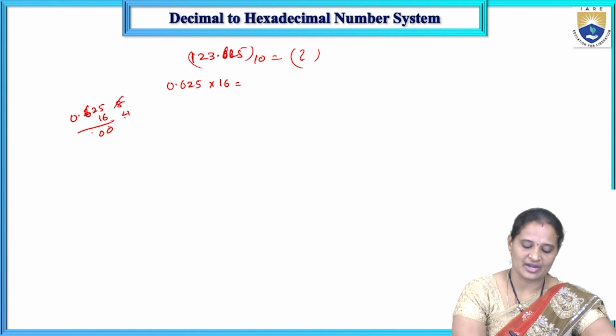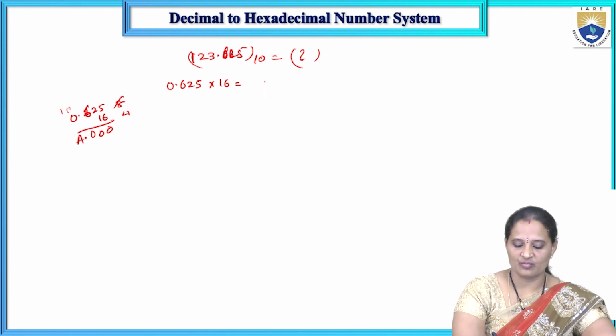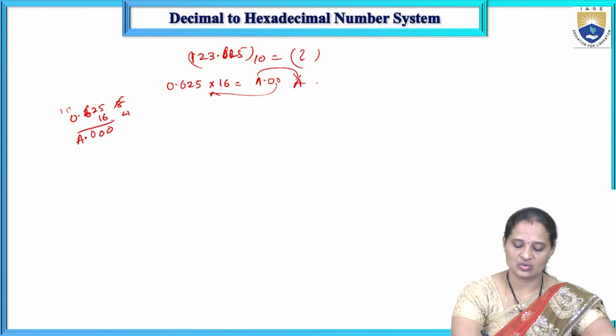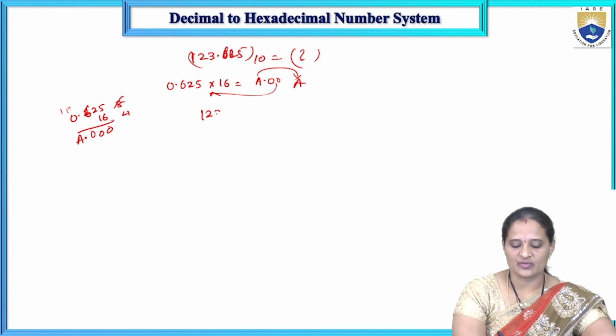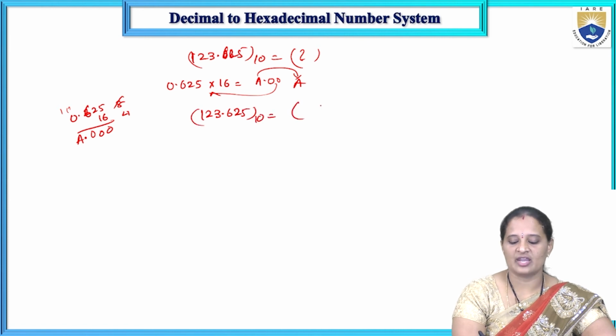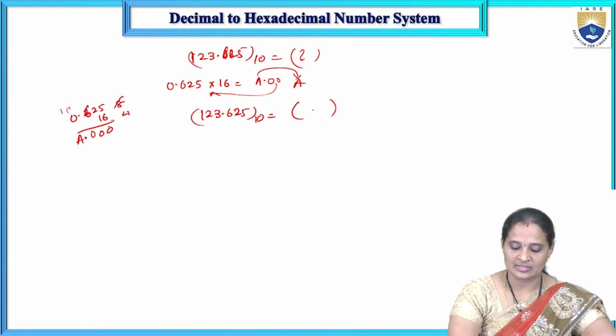So 0 here and 10 here. 10 is nothing but A. So what will you get here? A.0. You take A out and 0 here. Again, 0 into something is 0. So only A. That is, the decimal number 123.625 can be converted into hexadecimal as 7B.A.